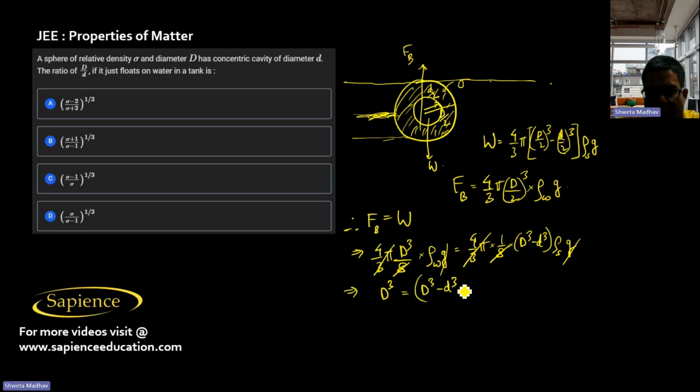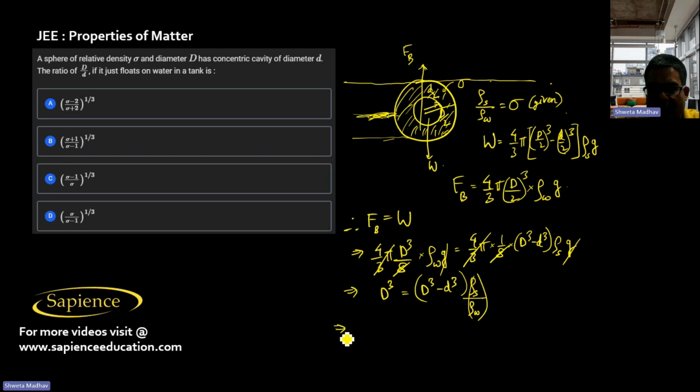D cube into density of the sphere by density of water. So which is the relative density of the sphere? The density of the sphere by density of water, that is given as sigma. This is given.